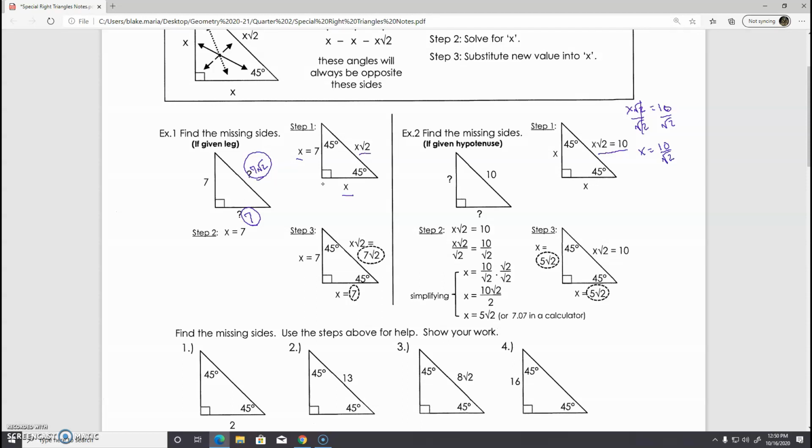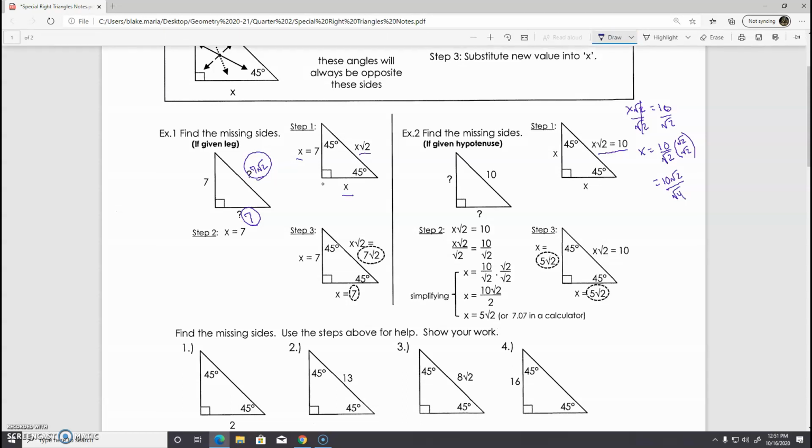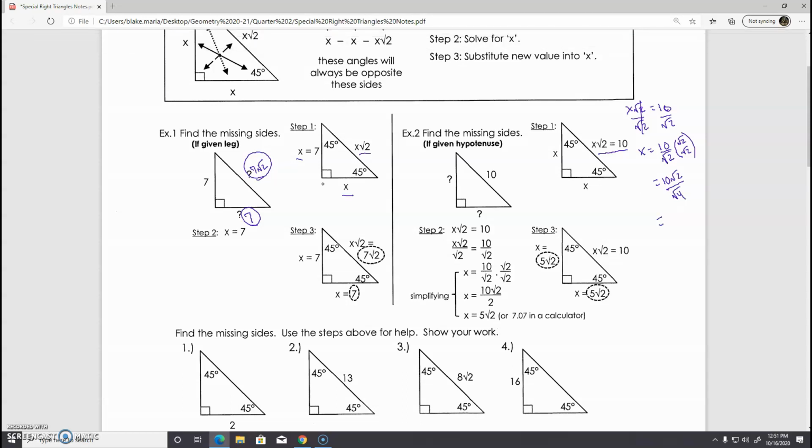Now, we cannot have a square root in the denominator. So to rationalize, we want to get rid of the square root of 2, so we're going to multiply top and bottom by square root of 2. So up top you get 10 root 2, right? 10 times the square root of 2. In the bottom you get square root of 2 times square root of 2, which makes square root of 4. I'm just trying to show all those steps.